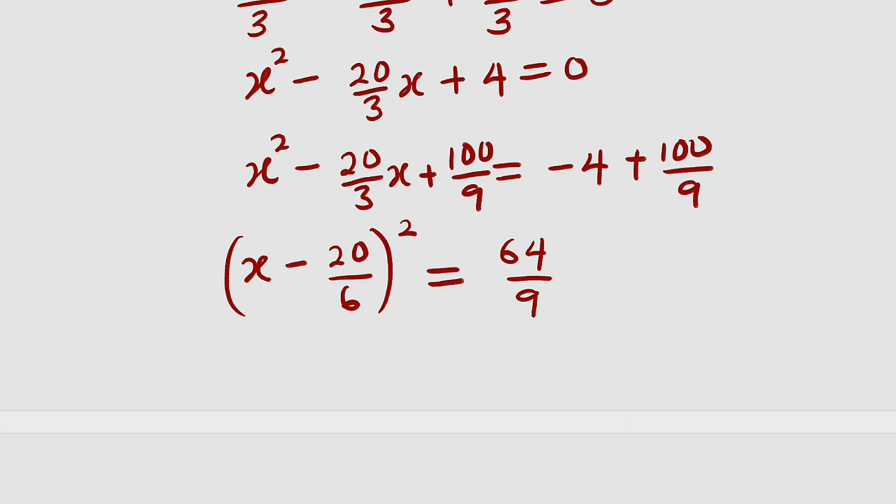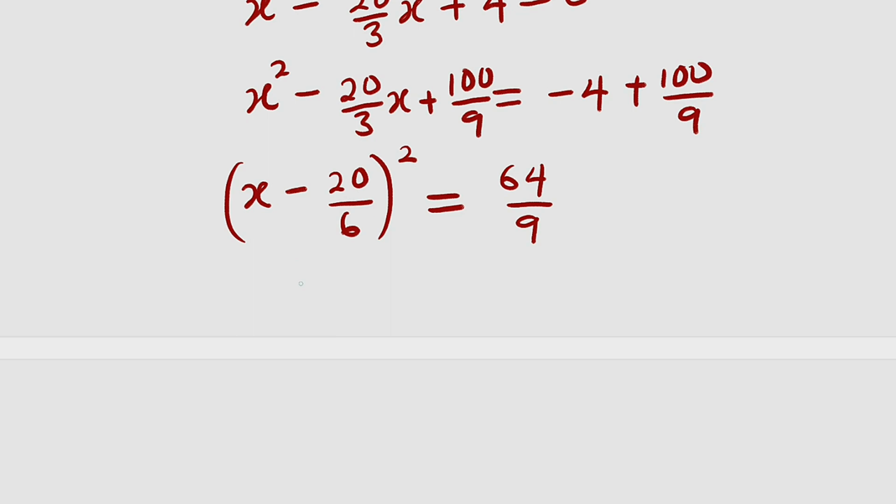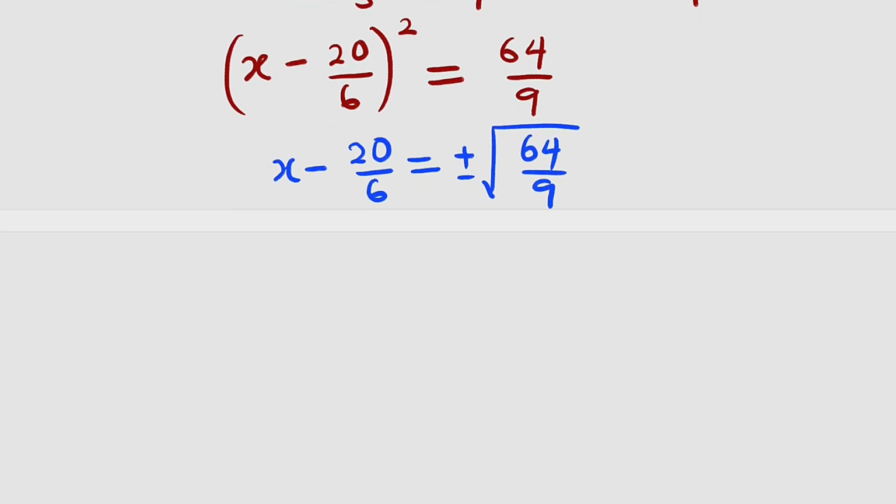Next, we are going to take the square root of both sides in order to eliminate this power of 2. So to the left hand side, we have x minus 20 divided by 6. And to the right hand side, we have plus or minus the square root of 64 by 9. We're going to take this one to the right hand side.